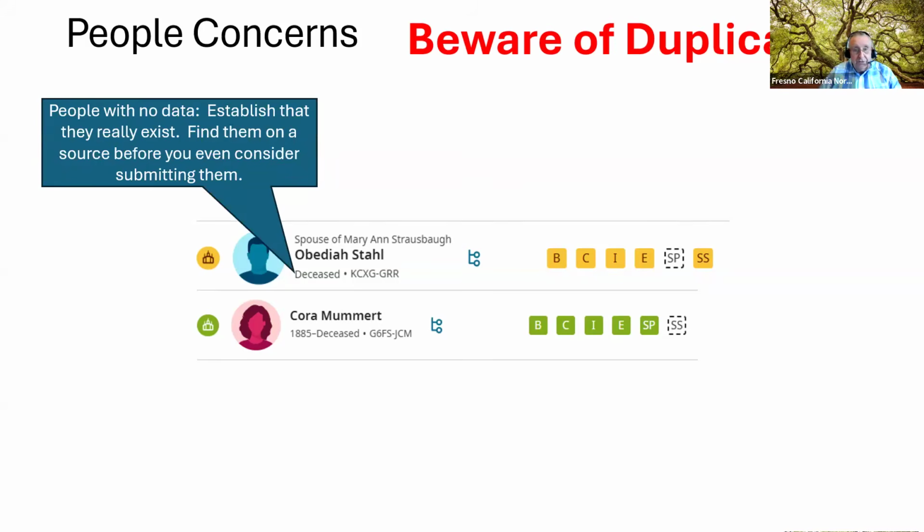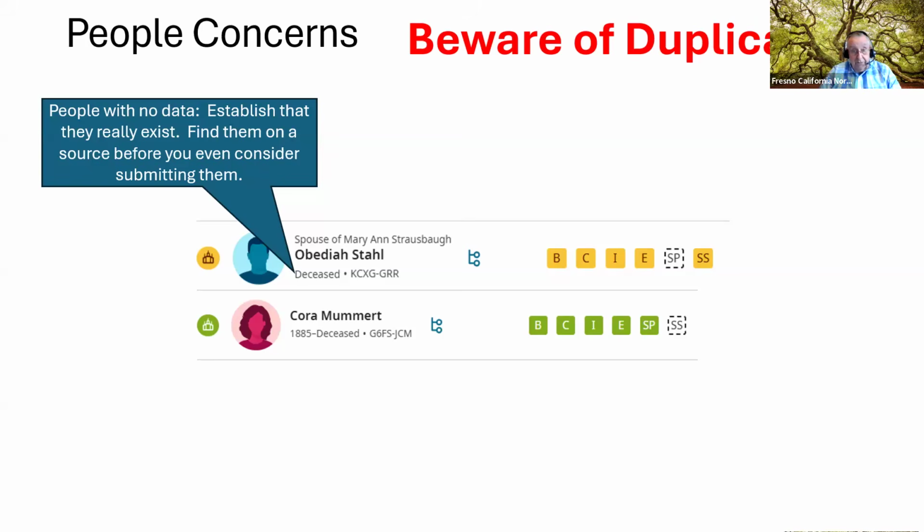Okay, and so when you see people like Obadiah here, who has no data, just the word deceased, make sure, A, that they actually exist. Find them on some sources before you even consider submitting them. Can't submit him yet anyway, because he has no birth or death dates or marriage date, obviously. So therefore, he's not going to be able to be reserved.